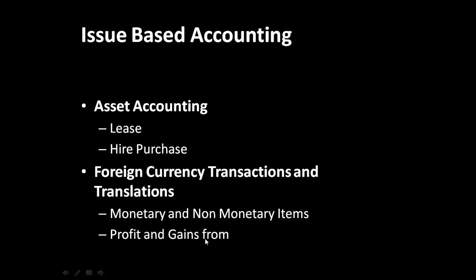In those sessions, we'll understand the recognition, subsequent recognition, and the profits and gains from the foreign currency transactions, which may affect the bottom line of several companies. Companies like Reliance, Mahindra & Mahindra, Suzlon, Infosys, a big chunk of their balance sheet is exposed to currency fluctuations. So there is a need to understand how these foreign currency transactions are treated in the financial accounting.